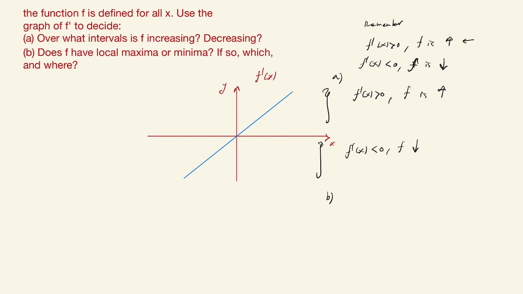Now for b, a local maximum or minimum happens at a critical point, and that's where the first derivative, which we are given, equals 0.